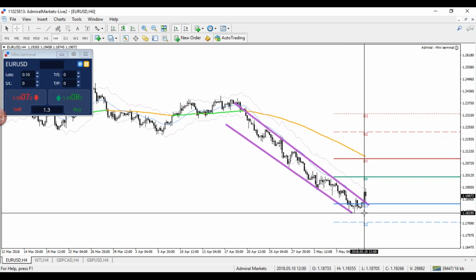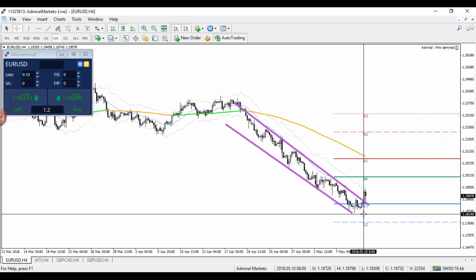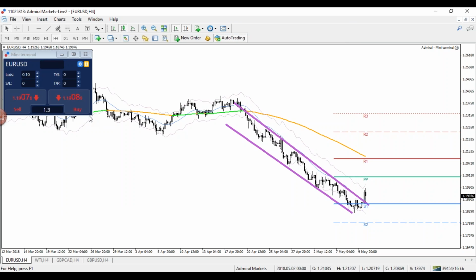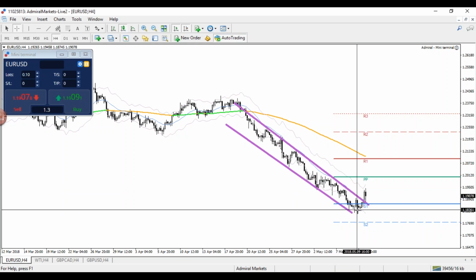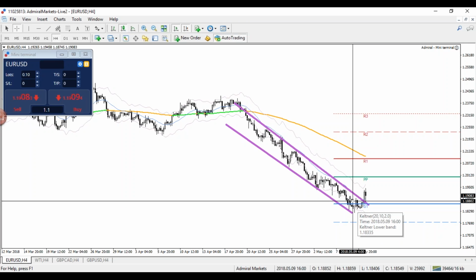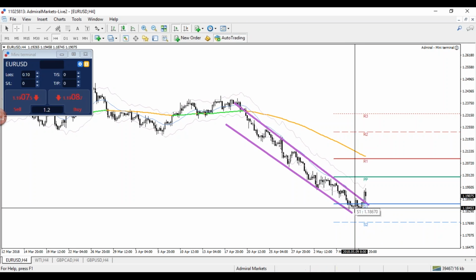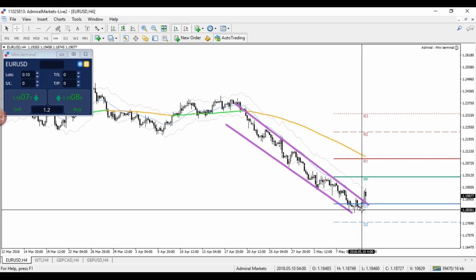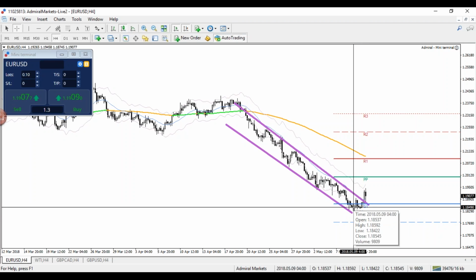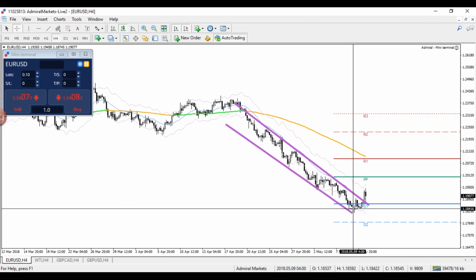I don't have the oscillator here at the bottom, but I think there's divergence between these bottoms, another aspect. So you've got a couple already. And in my view, a little bit of exhaustion within the downtrend, most likely, at around this 118. So a relatively strong support around 117.50, 118.